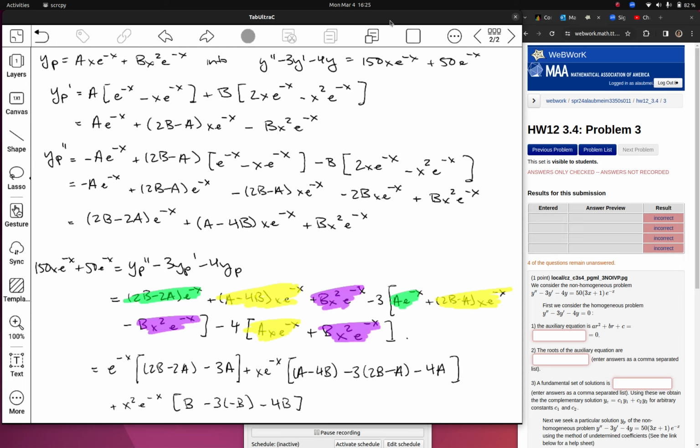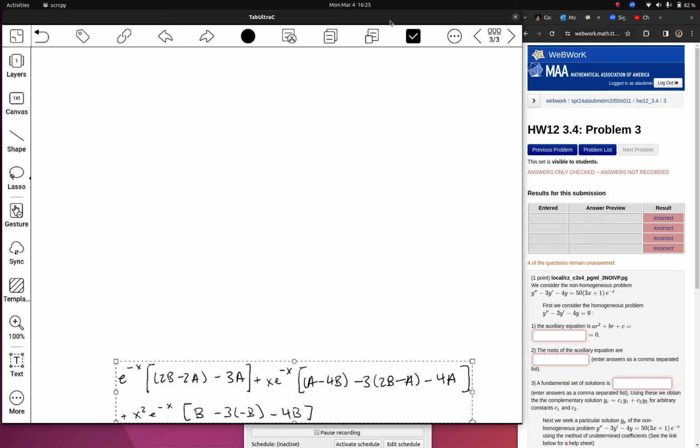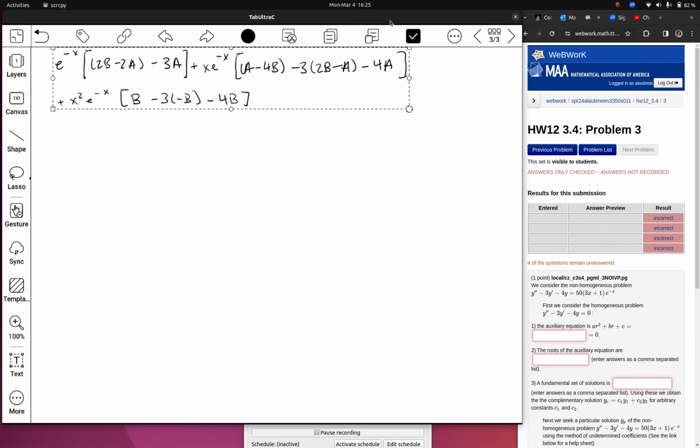And I'm going to copy paste this all onto the next slide so I don't have to look back at it. And I just want to simplify what's inside the square brackets right now.